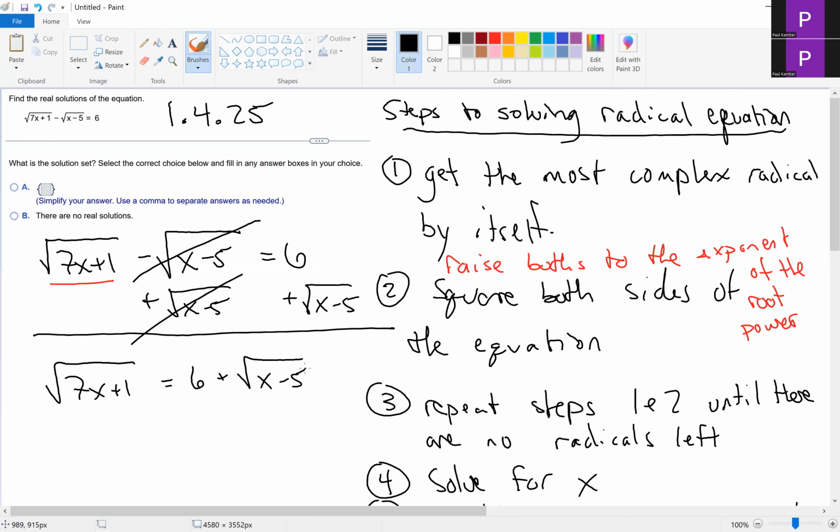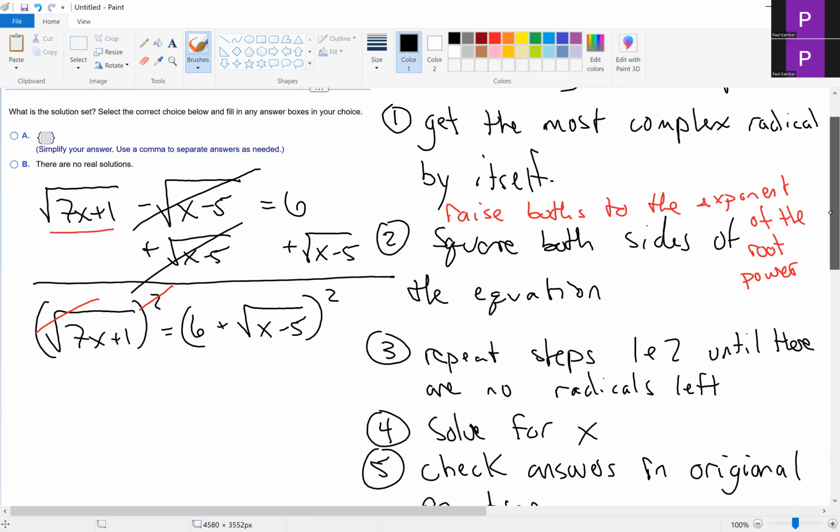Okay, what we're going to do next now is square both sides of the equation. So we square the left side, we square the right side of the equation. On the left side, the square and the square root cancel each other. And on the right side, it's not fun. So we're going to have 7x plus 1. Well, what is 6 plus the square root of x minus 5 squared?